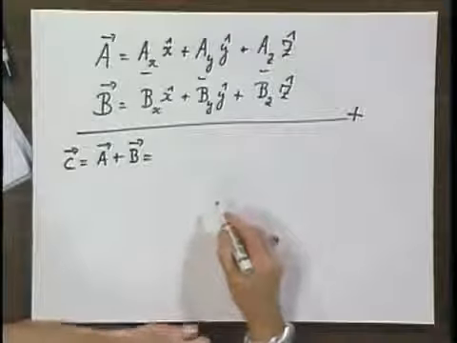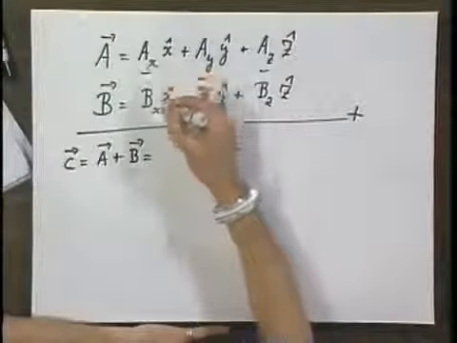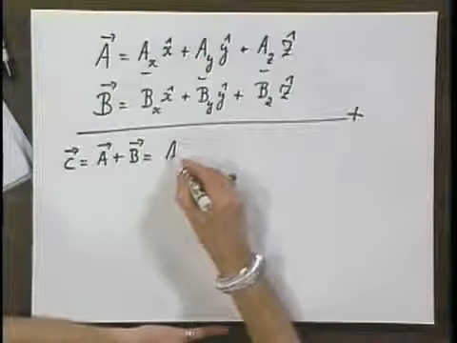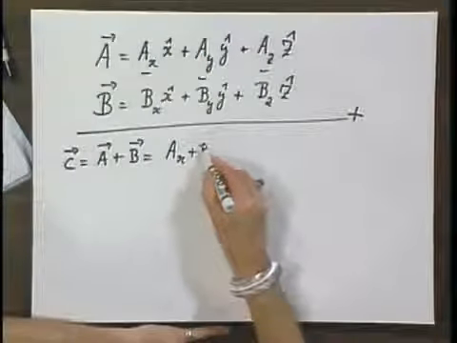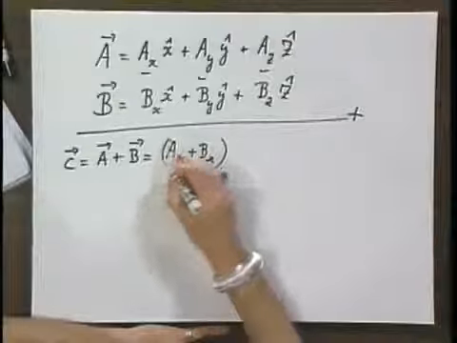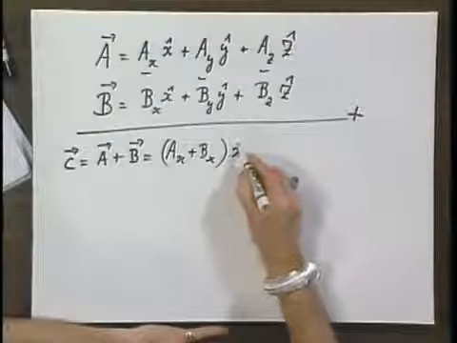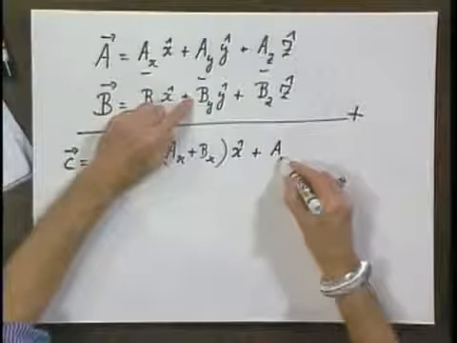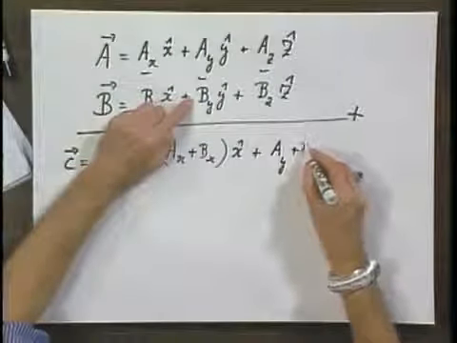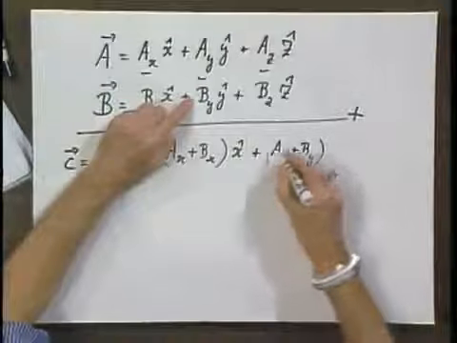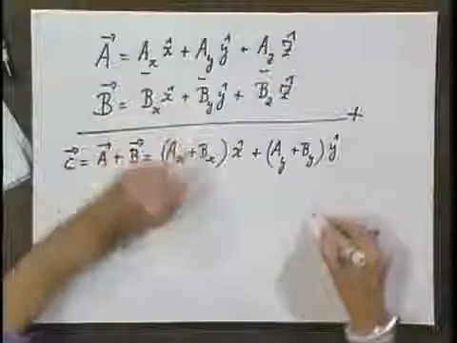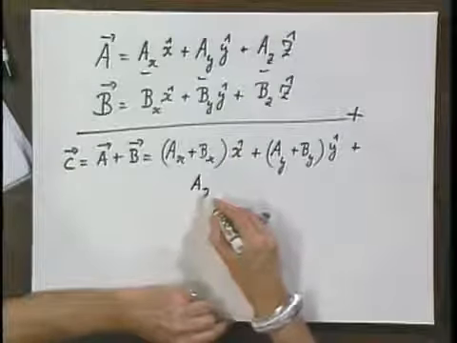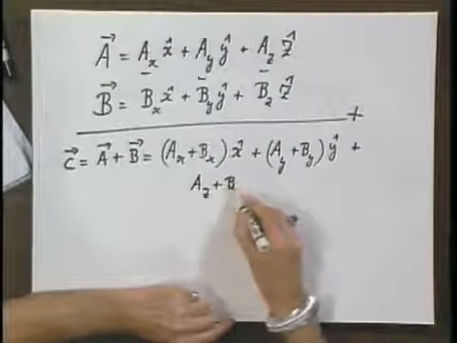The addition is now very simple. I add the x components of a and b, and that's the new component in the x direction. I add the y components, a of y plus b of y, plus a of z plus b of z.